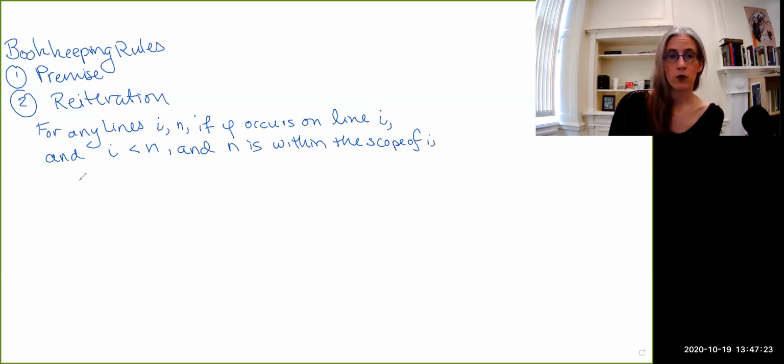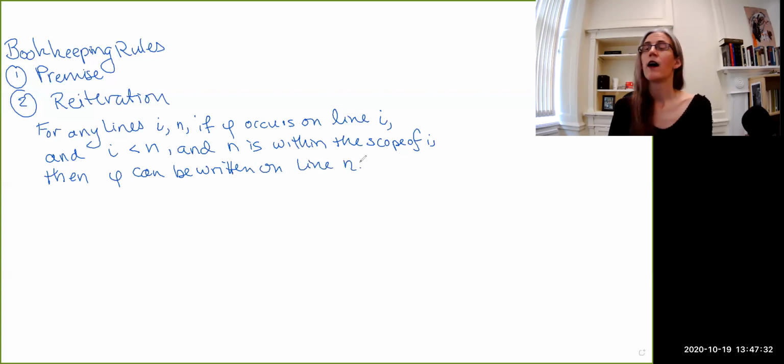If those things hold, then phi can be written on line N. And the annotation is reiteration line I.